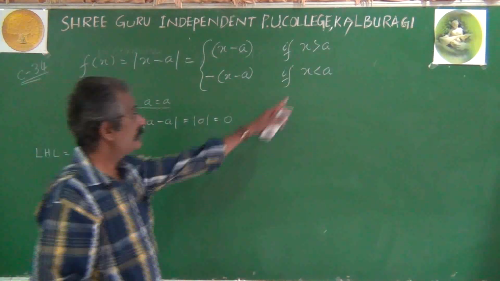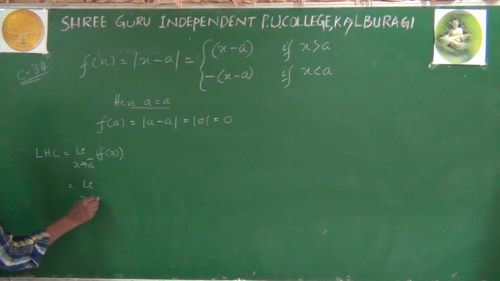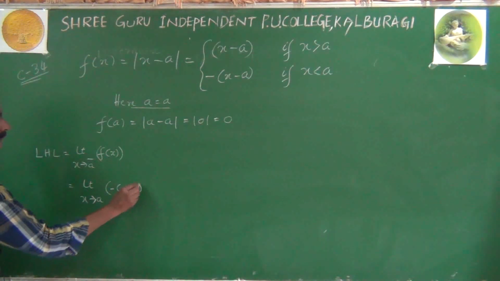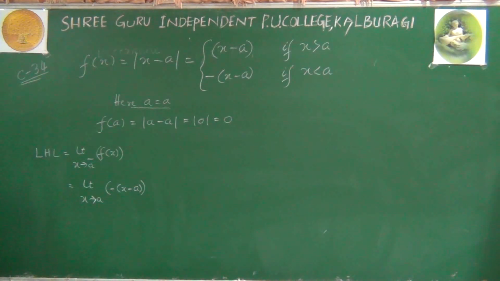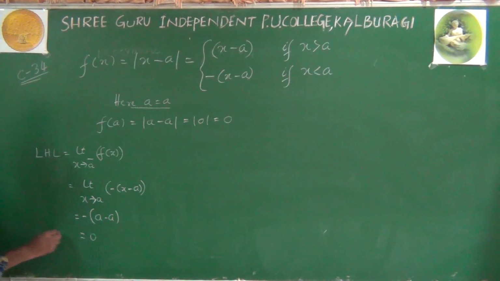When x is less than a, function value is minus of x minus a. Replace x by a because we will not experience a 0 by 0 form. That's why we can replace x by a. On replacing x by a, minus of a minus a, that is equal to 0. So left hand limit is 0.